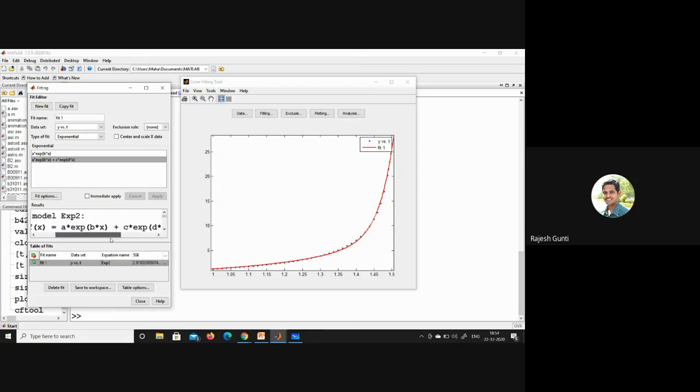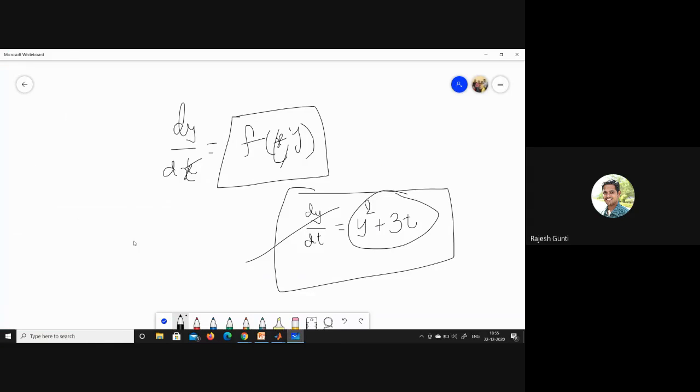My solution is y is equal to a into e power bx. My solution for this differential equation is y is equal to a into e power bt plus c into e power dt.